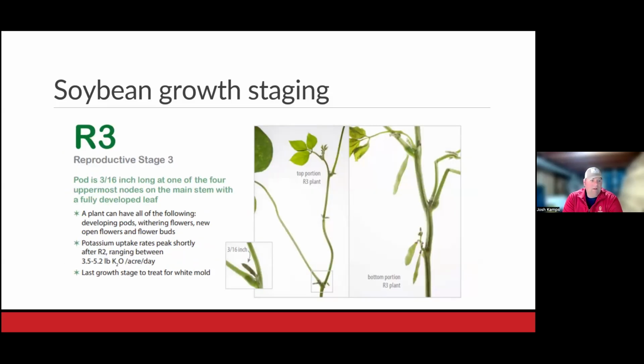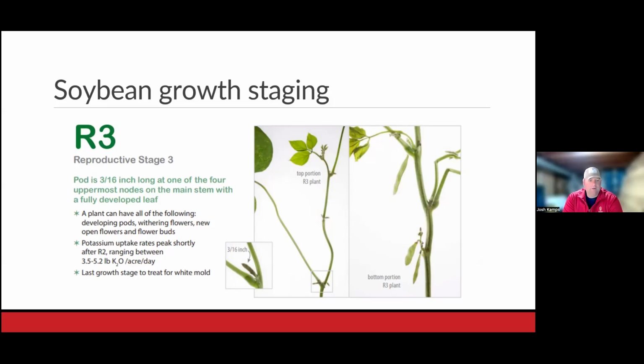R3, the next growth stage there, is one of those later reproductive growth stages as far as us being able to really put out any type of a crop protectant on those plants to help reduce that risk of that white mold spores getting into the flower and affecting the development of the soybeans.